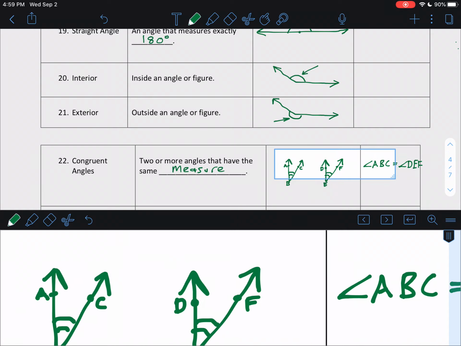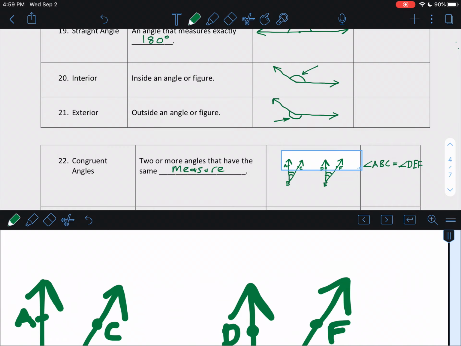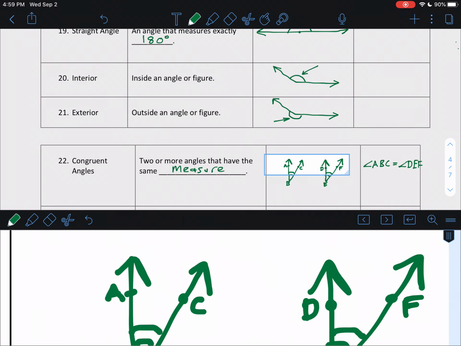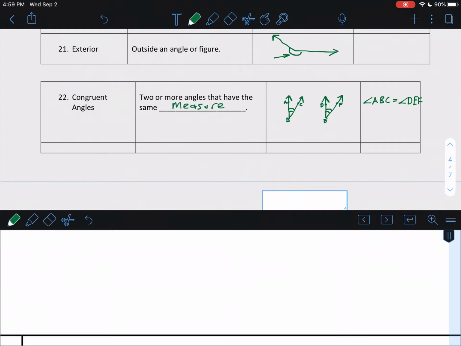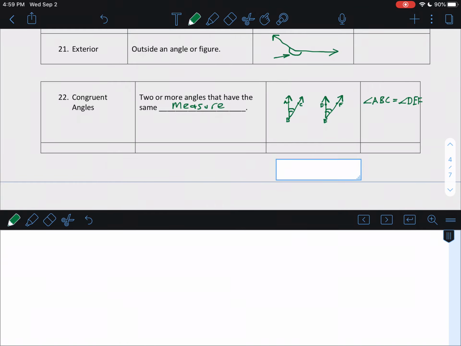That way I know they are congruent. And congruent means they have the same measure. They're equal to each other. So there we go, that's congruent.